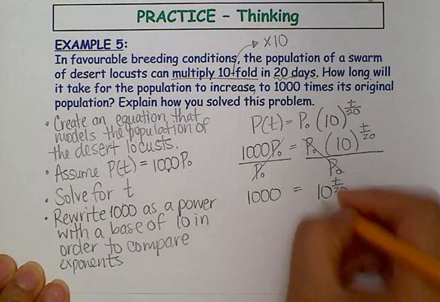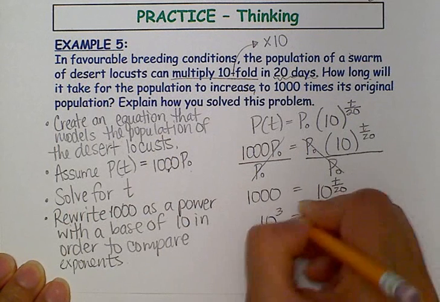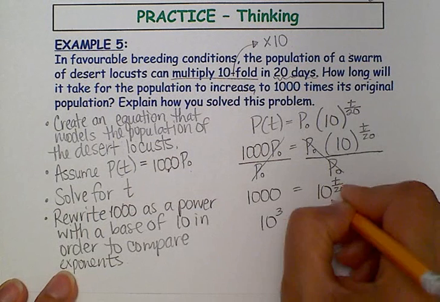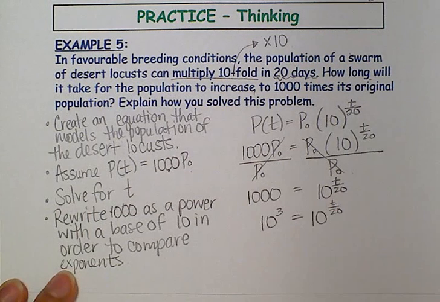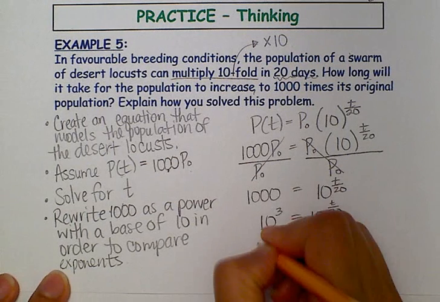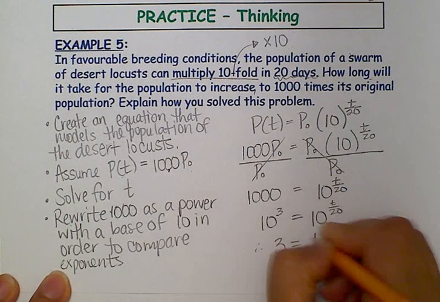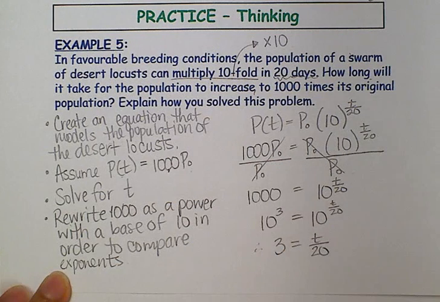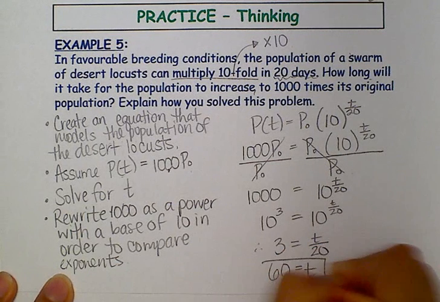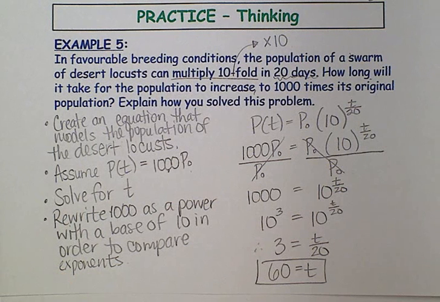Okay, so I'm going to get 10 to the exponent 3. That one was an easy one to do. I didn't have to play around with it too much. Because the bases are the same, then I know that 3 has to be equal to t over 20. And so if I solve for t at this point, I get 60 is equal to t. And so that's how many days it would take for the population to increase to 1,000 times its original population.